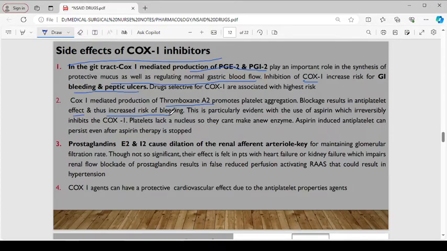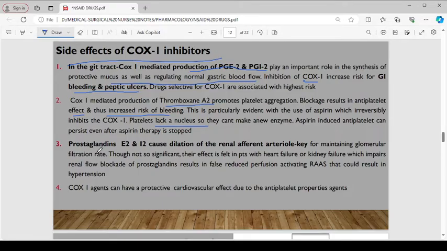This is particularly evident with the use of aspirin, which irreversibly inhibits COX-1. Platelets, furthermore, lack a nucleus, so they can't make a new enzyme. So aspirin-induced antiplatelet effects can persist for several days even after aspirin therapy has been stopped.